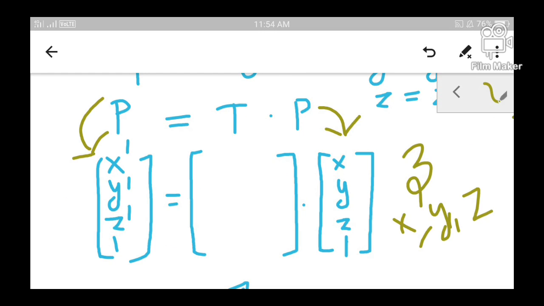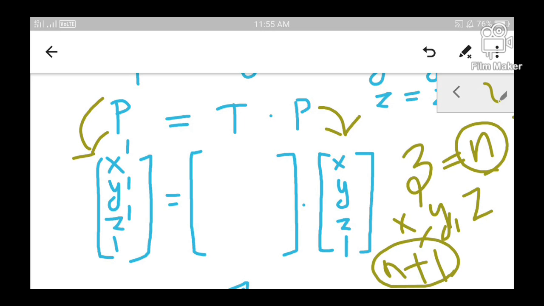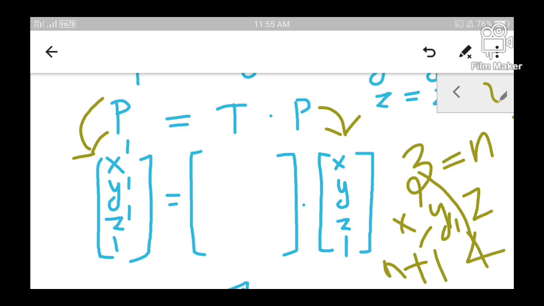Here in 3-dimensional space the value of n is 3, so it can be represented using n plus 1 coordinates. That means 3 coordinates can be represented using 4 coordinates.